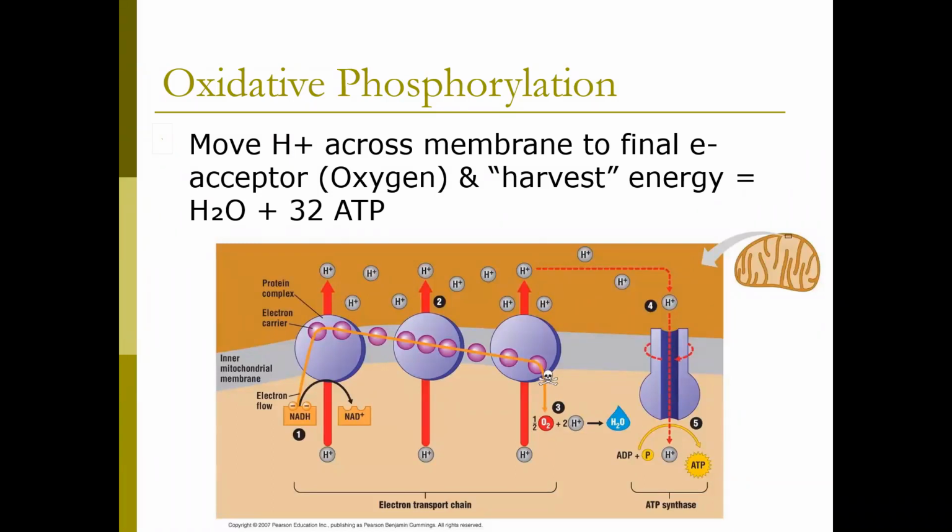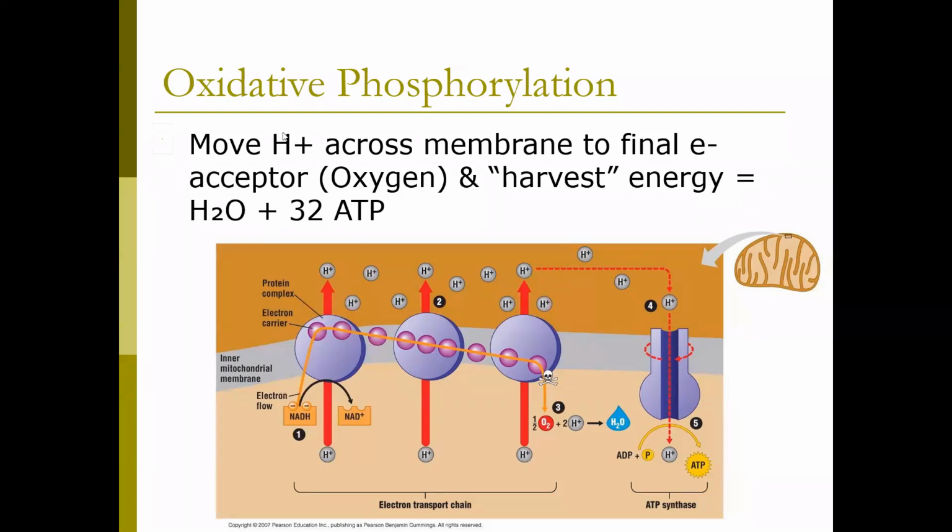That oxygen molecule is going to gain those electrons, so it's reduced. What this process is doing is causing hydrogen to move across the membrane. The hydrogen ends up getting pumped across the membrane as these electrons are flowing through.